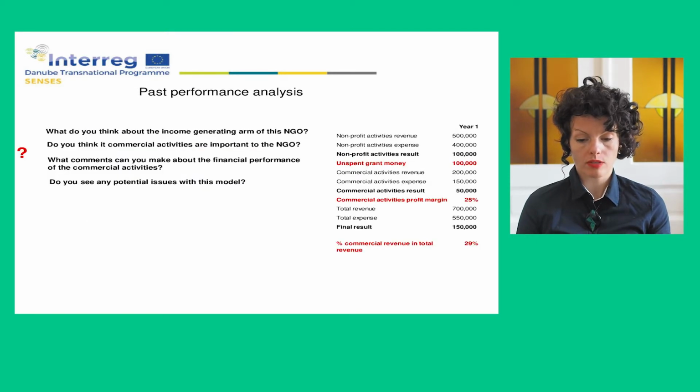What do you think about the income generating arm of this NGO? Do you think commercial activities are important to the NGO? What comments can you make about the financial performance of the commercial activities? Do you see any potential issues with this model?